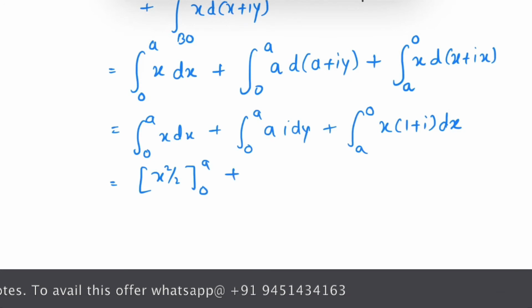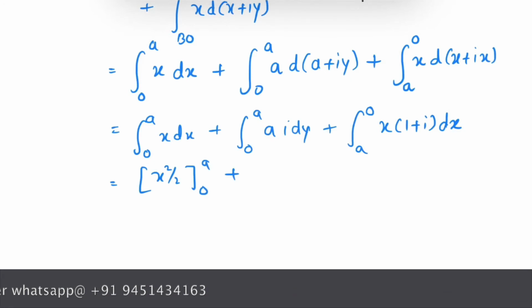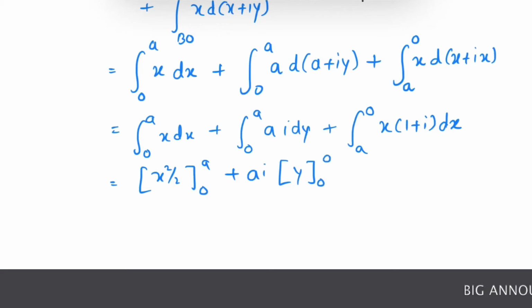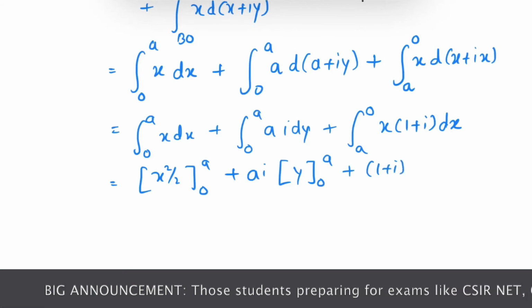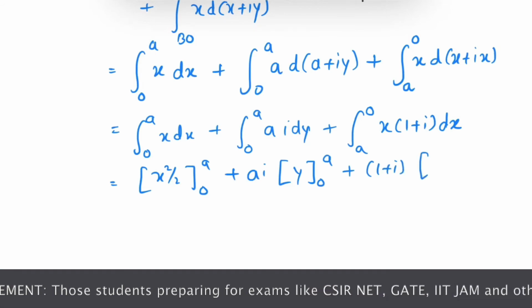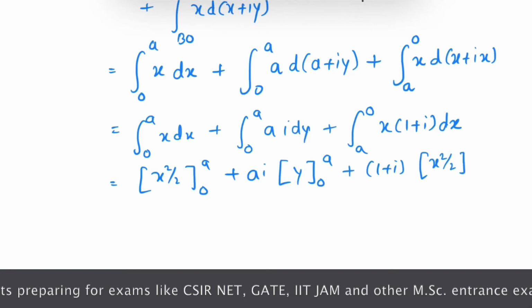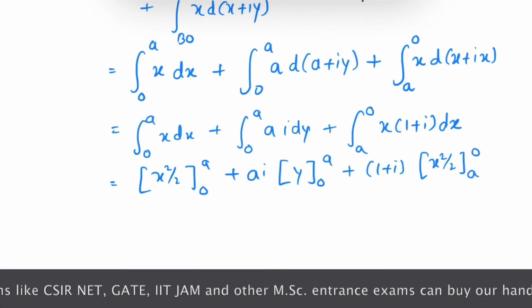Iota is constant, so taking it outside the integral sign, we have iota times integration of dy, which will be y, and the limit is from 0 to a, plus taking the constant 1 plus iota outside, we'll have 1 plus iota times integration of x, which will be x square over 2, and the limit is from a to 0.